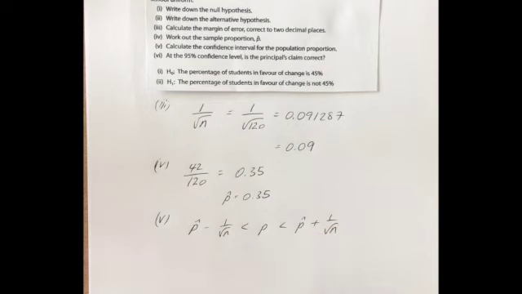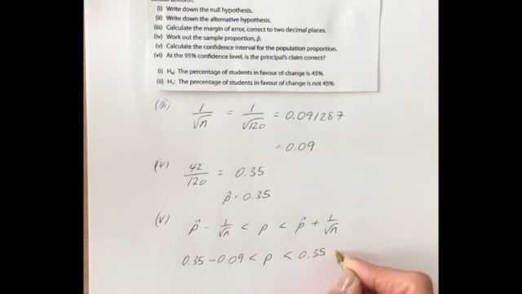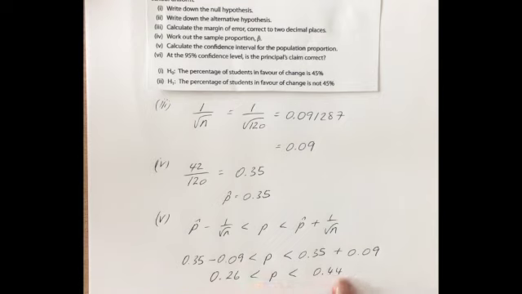Okay, so this gives us the interval within which we could confidently say that the results of the sample could be generalized for the results of the whole population. So p hat, of course, is 0.35. Take away the margin of error, which is 0.09. And p hat, of course, which is the sample proportion, add on the margin of error. And so this is what we get.